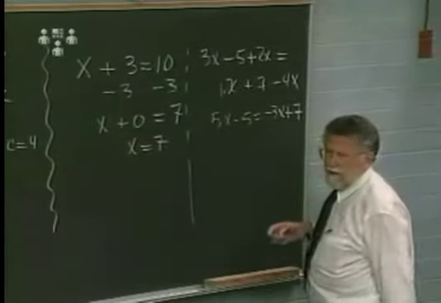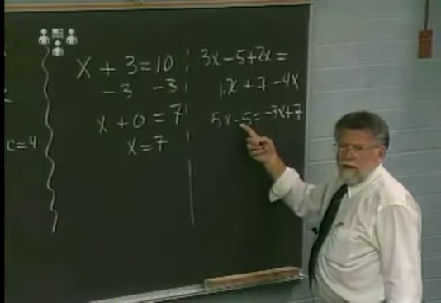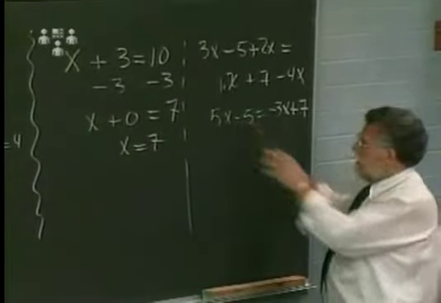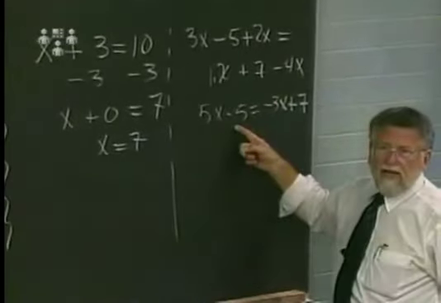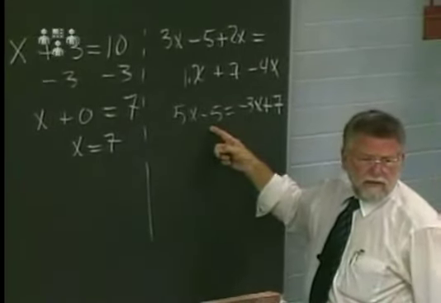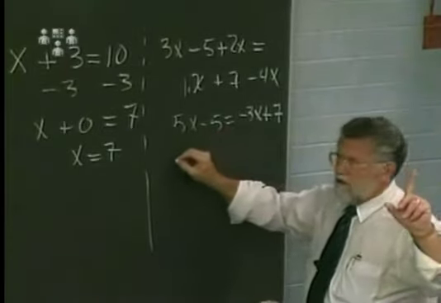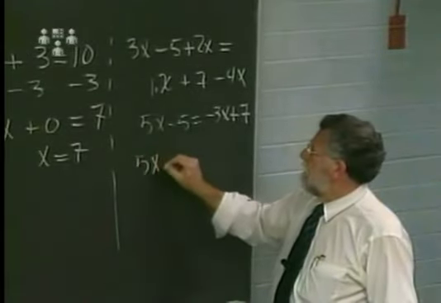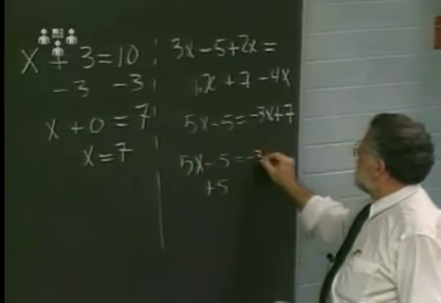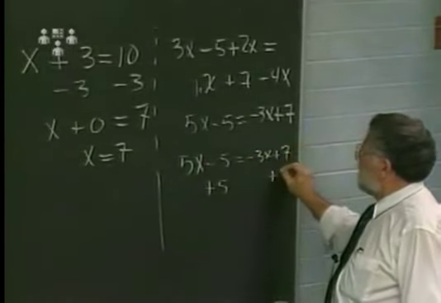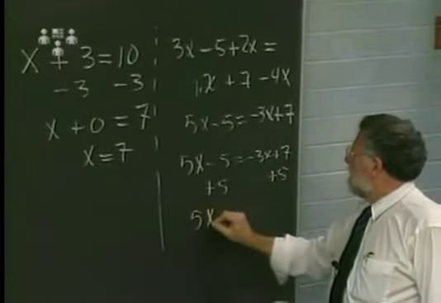Richie, what am I going to do next? The inverse of addition to 5x. Okay, I add. No, I want the variable on the left side. Negative 5. So 2 steps to happiness. Let's do 2 steps at a time, one at a time. Plus 5. Plus 5. So on the left, 5x.